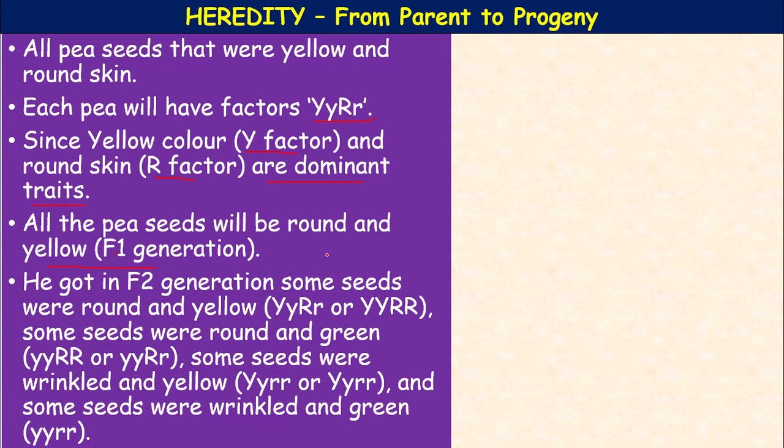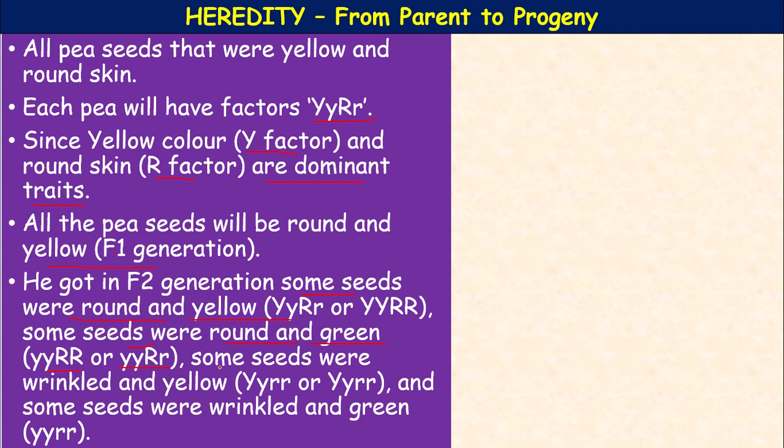We got in the F2 generation some seeds that were round and yellow, that is capital Y, capital R, small r, or capital Y and capital R. Some seeds were round and green, small y, capital R, or small y, capital R, small r.